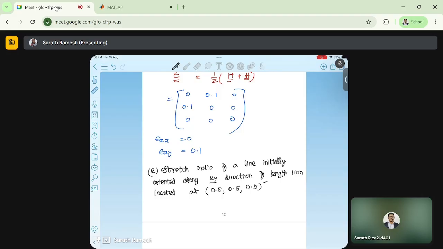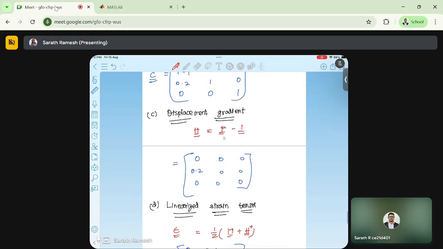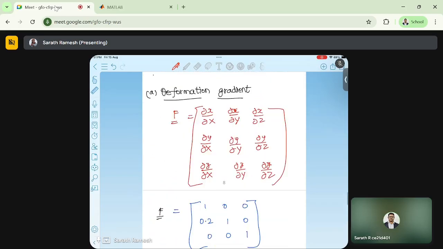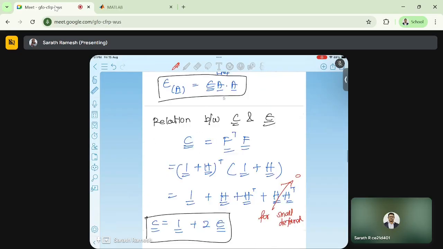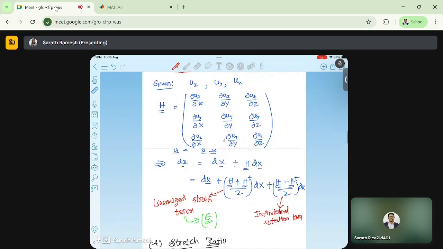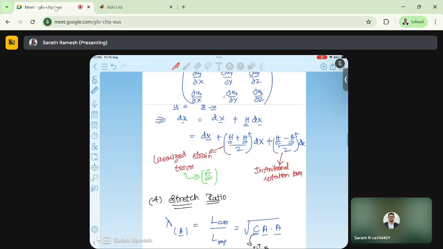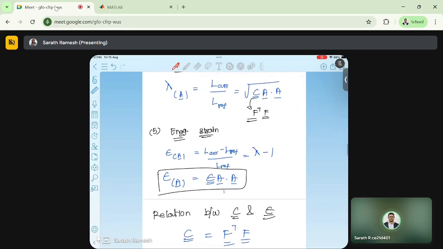They have asked us to use C, the right Cauchy-Green deformation tensor. Fine. So how to find the stretch ratio? We have already seen this formula: lambda in the direction of A equals root of CA dotted with A.